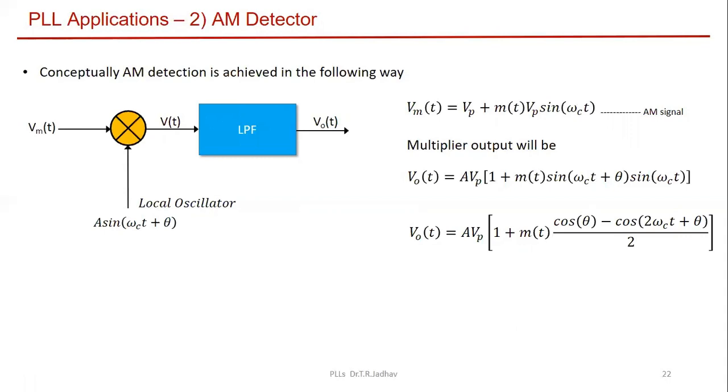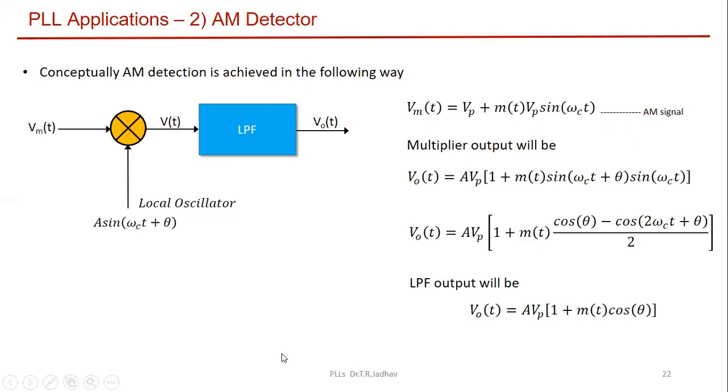Later when we give this signal to the low pass filter, it will allow only the low frequency component and the high frequency component will be blocked. That is why at the output of the low pass filter we get this. If you see the equation, it is simply a modulating signal. Of course, it is phase shifted, 90 degrees phase shifted, but this is a modulating signal, right?